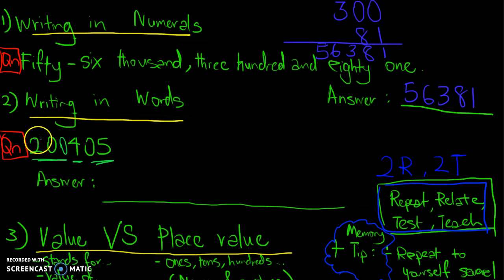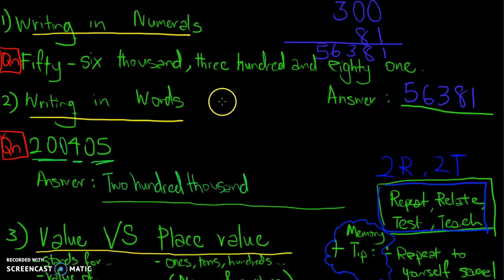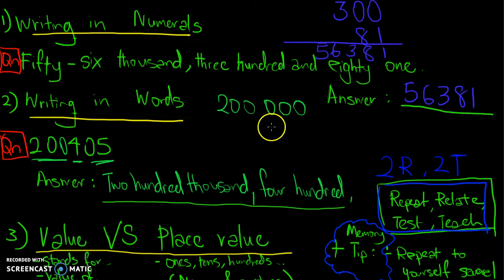Here you can see that it is 200, so we have 200,000, because that is the actual value. It's the same as writing 200,000. Then I have this 400, so it's like adding 400. And I have 5 here, and I add a 5.